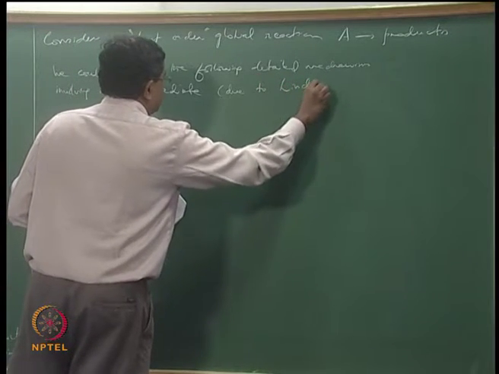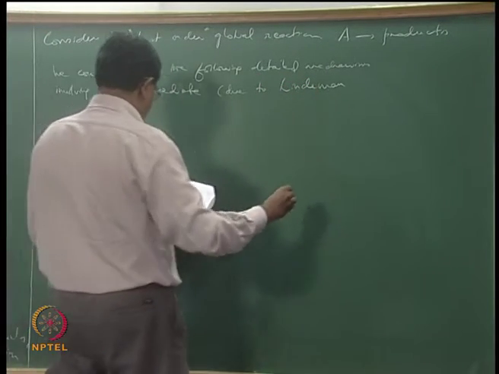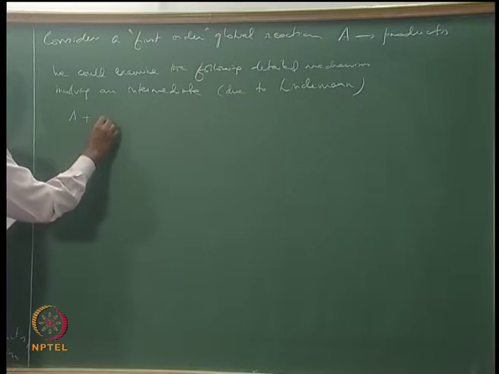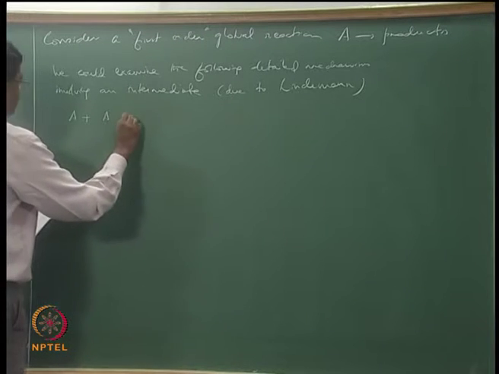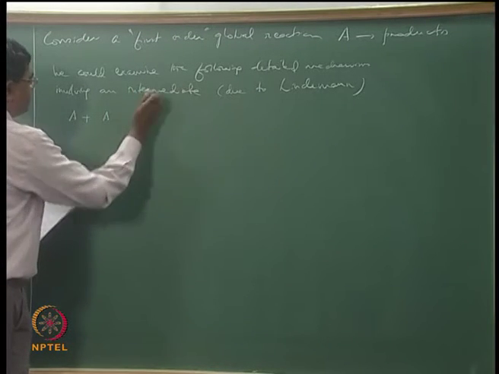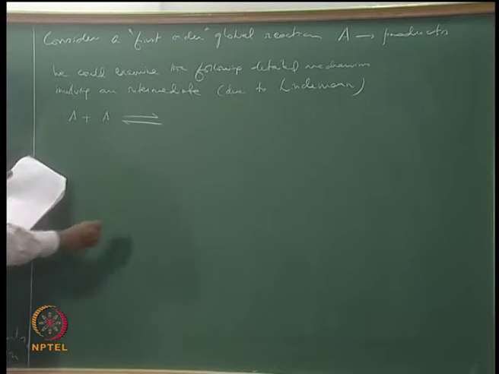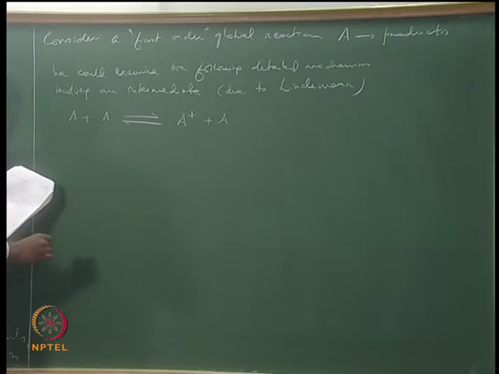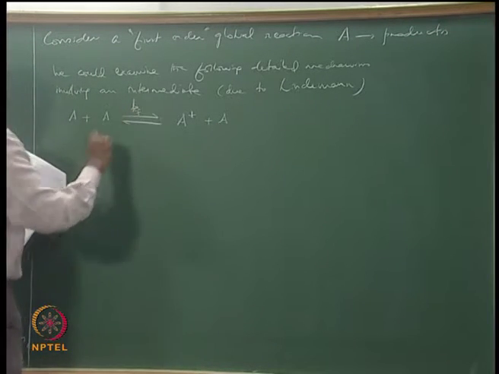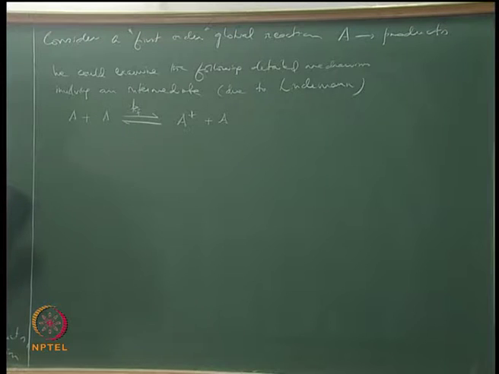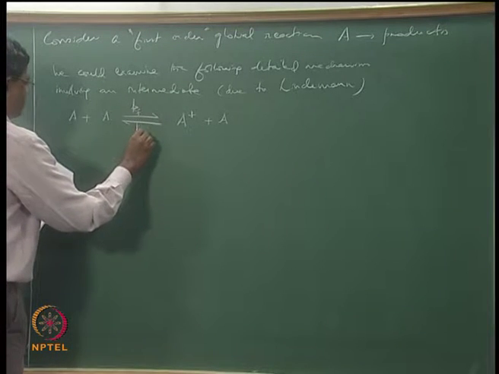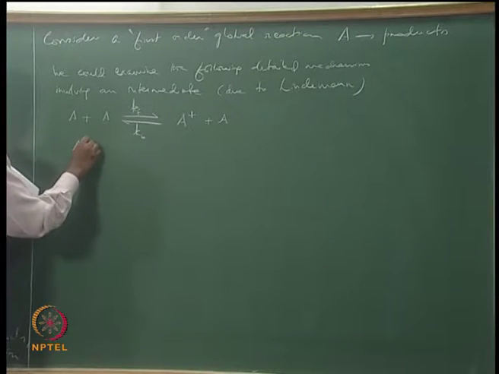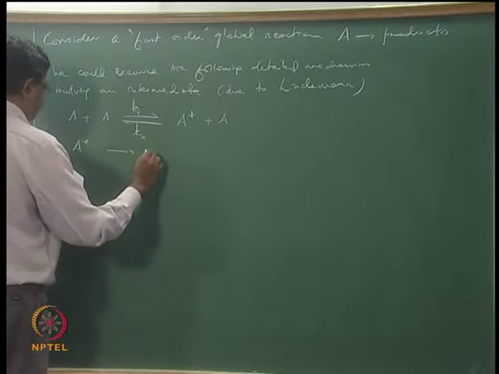This is due to Lindemann. So let us suppose that we now have A plus A gives and takes A star plus A, and we denote the forward reaction by the rate constant Kf and the backward reaction by the rate constant Kb, and let us suppose that A star gives products.